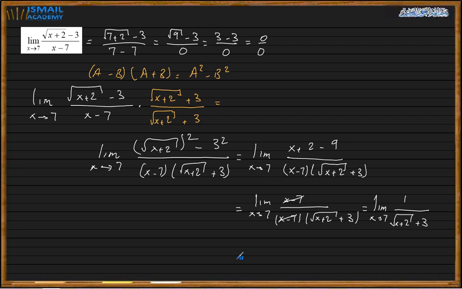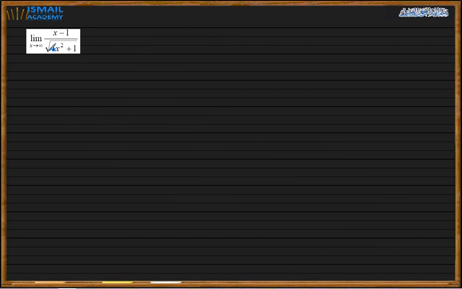Now I substitute, so I get 1 over square root of 7 plus 2 plus 3, which is 1 over square root of 9 plus 3. Square root of 9 is 3, so it's 1 over 6, and this will be the limit for that question.